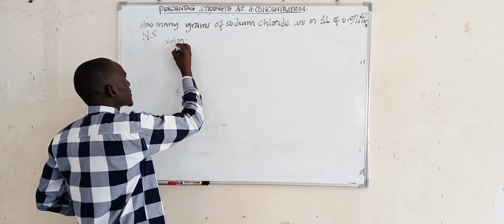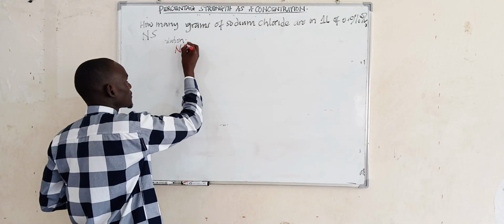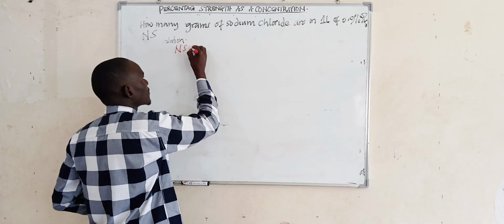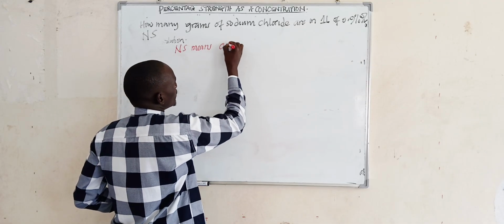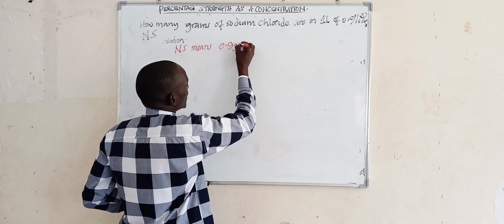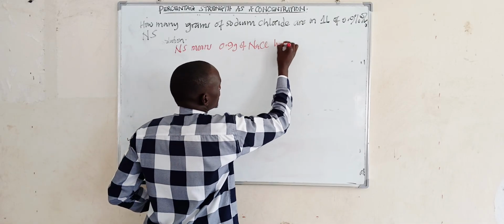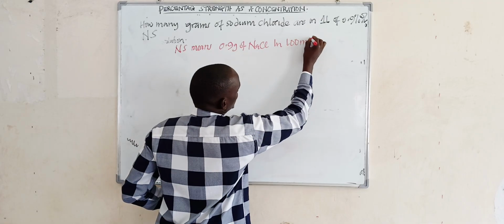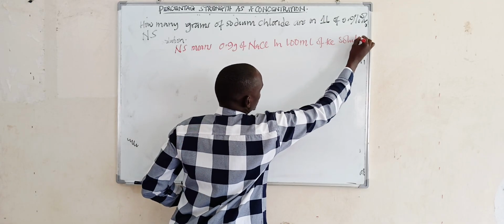NS means that we have 0.9 grams of sodium chloride in 100 mils of the solution.